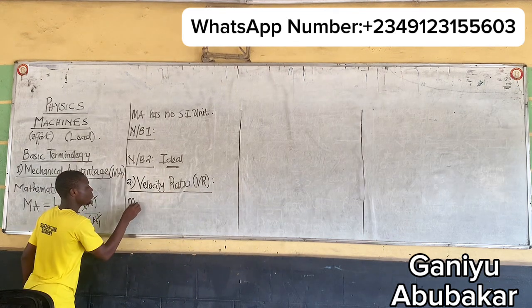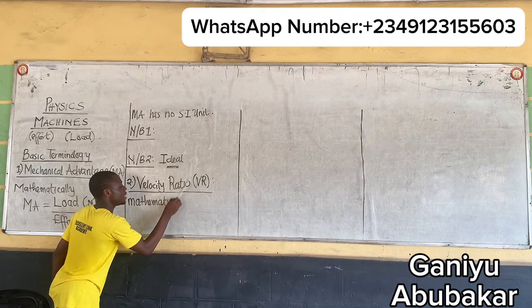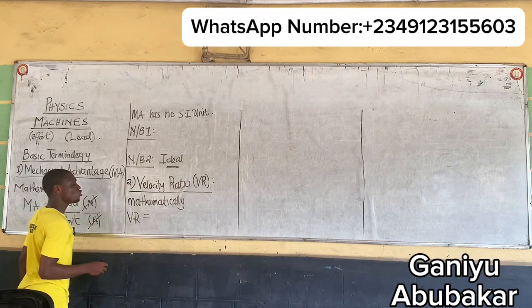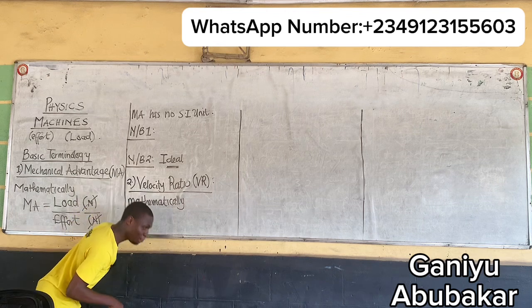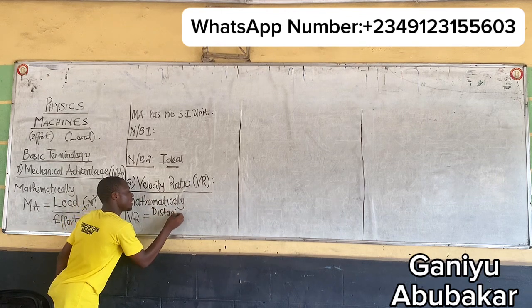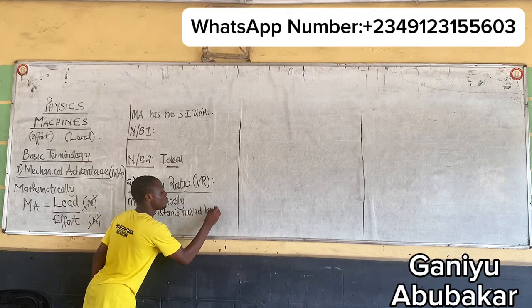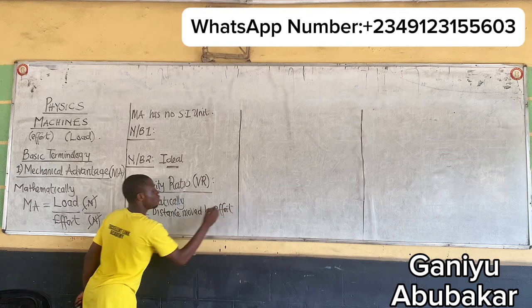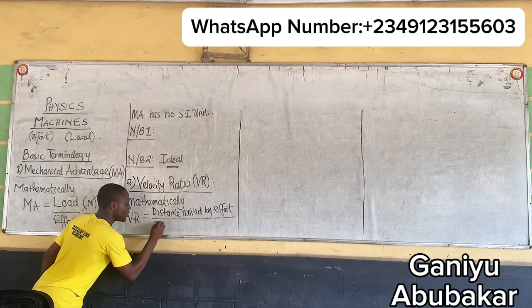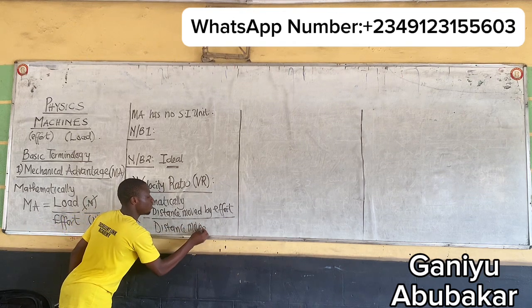Mathematically, I'm saying that VR, velocity ratio, is equal to distance moved by effort to distance moved by load.